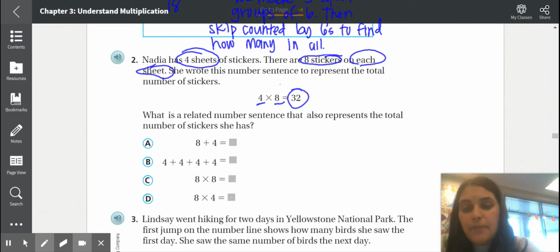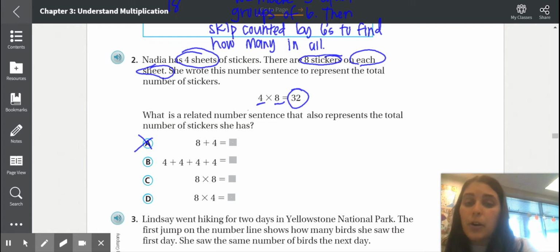So let's look at A. 8 plus 4. 8 plus 4 would not get us to 32. That wouldn't work. Okay, let's try 4 plus 4 plus 4 plus 4. Okay, this would also not work. Because if I add 4 plus 4 plus 4 plus 4, we're not going to get to 32.